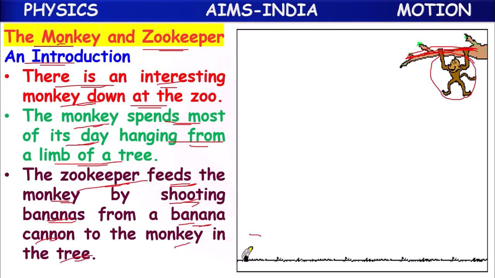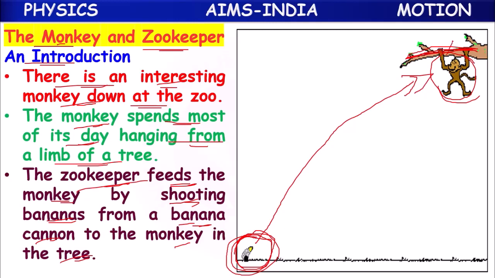So here the zookeeper, with the help of the banana cannon, shoots the banana towards the monkey which is hanging from the limb of the tree. That is the daily routine of this monkey and this zookeeper.